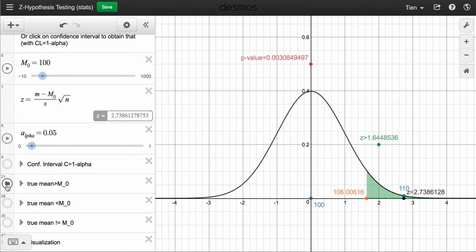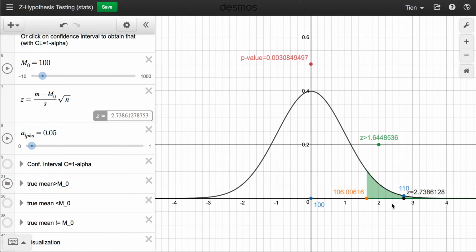Well, let's take a click here. With an alpha of 0.05, we see that any observed mean of 106 or greater is going to force us to reject the null hypothesis and accept the alternative hypothesis. And this is equivalent to a z-score of being greater than 1.6044.